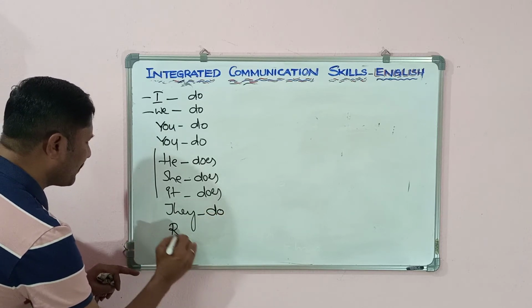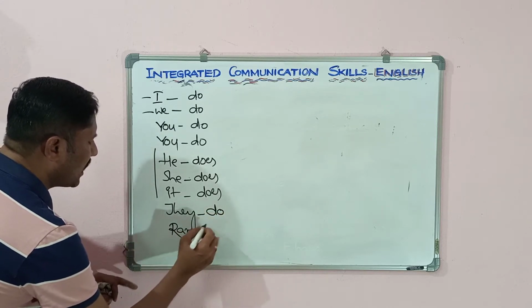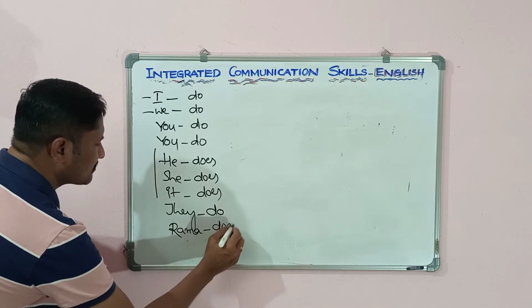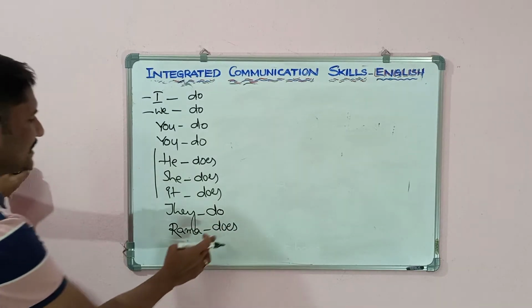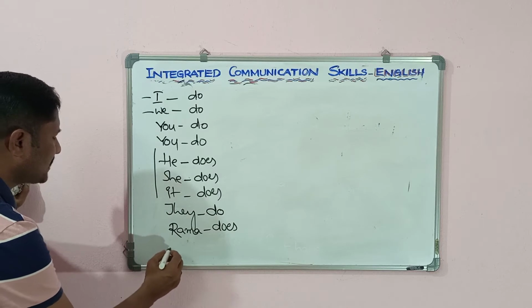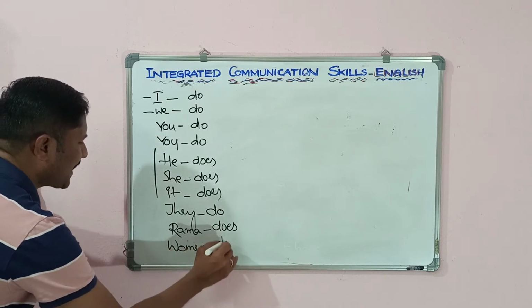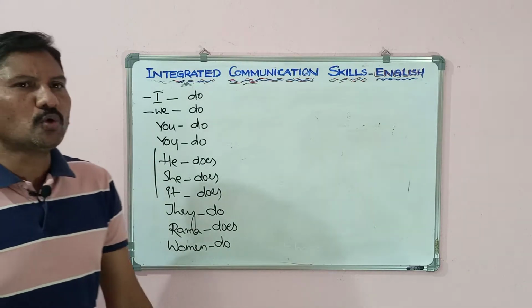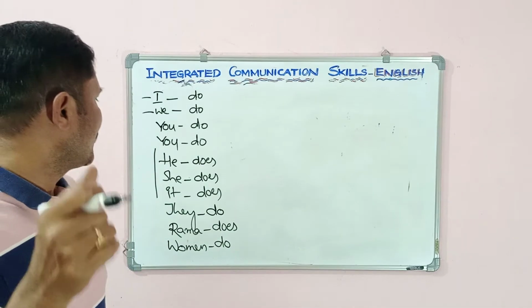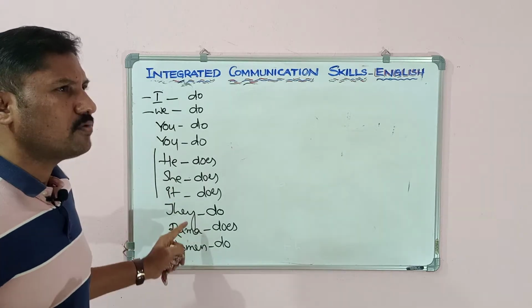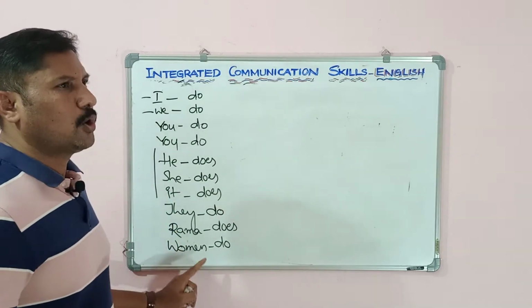What about a name? Rama does. We should take does. If it is plural, like women, we should take do. So like this we have to use do or does after personal pronouns and singular and plural nouns.